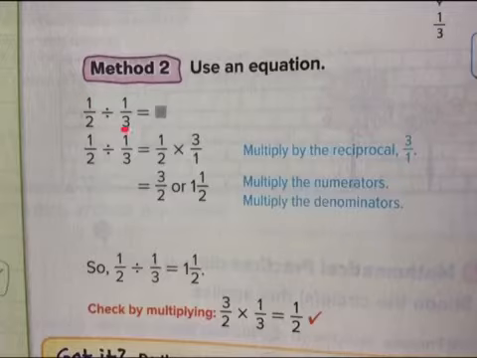So now I have half divided by a third. I change it to its reciprocal, the multiplicative inverse, and what I get is 2 times 1 is 2, and 1 times 3 is 3, 3 over 2, or 1.5.